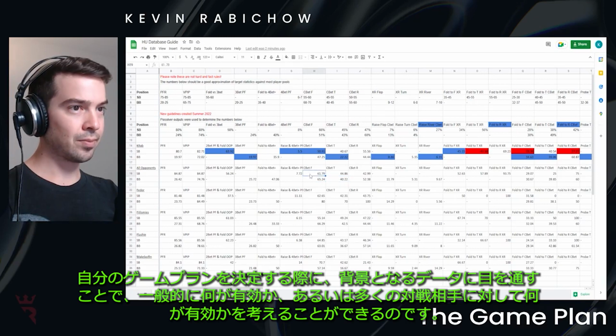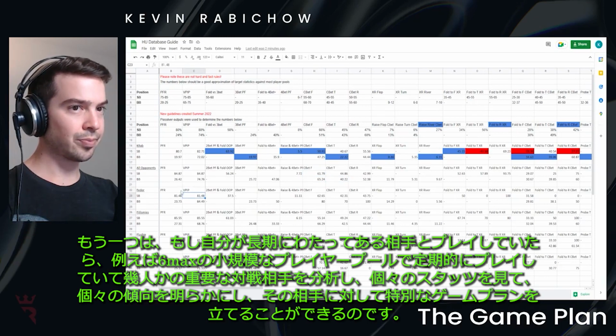The other thing that I can do is if I'm playing someone for a long period of time, if I'm regularly playing, for example, in small player pool 6 max, where I want to analyze a few key opponents, I can look at their individual stats, I can highlight their individual tendencies, and I can game plan specifically for that opponent.